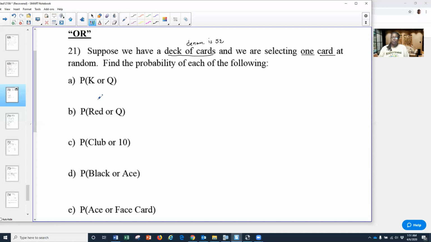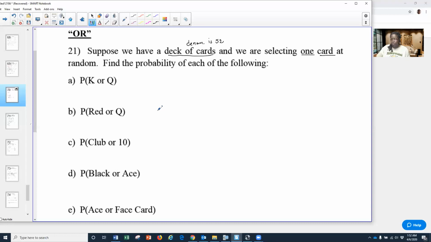And then we pick the one card. What is the probability of us getting a king or a queen with that one card? And remember, OR means that we're looking at all the king possibilities and the queen possibilities. We're going to add those things up.